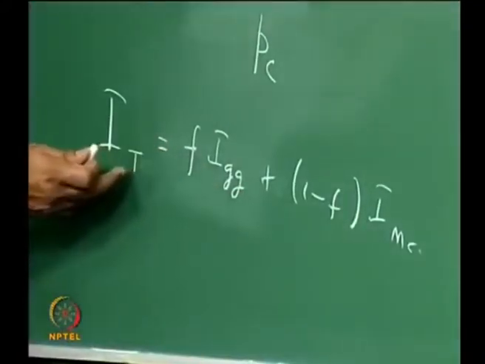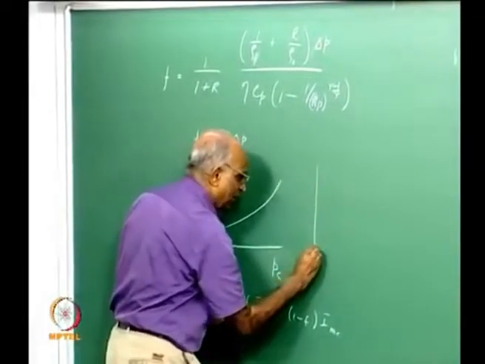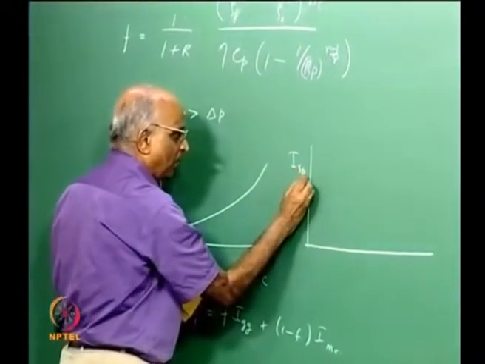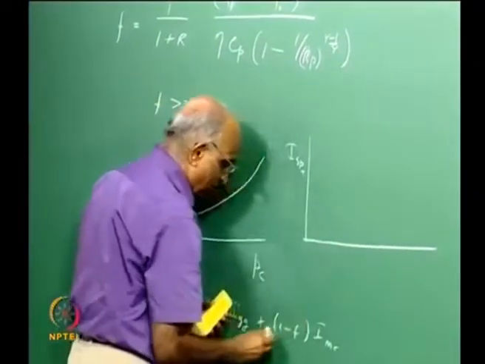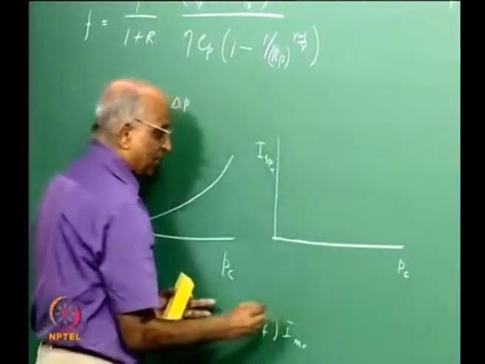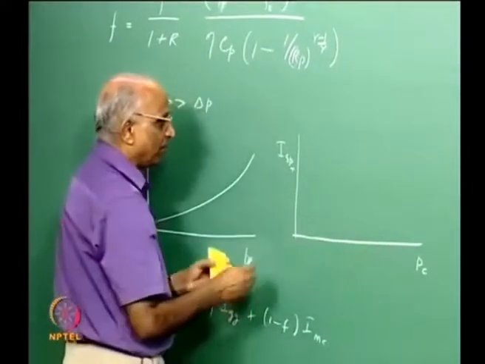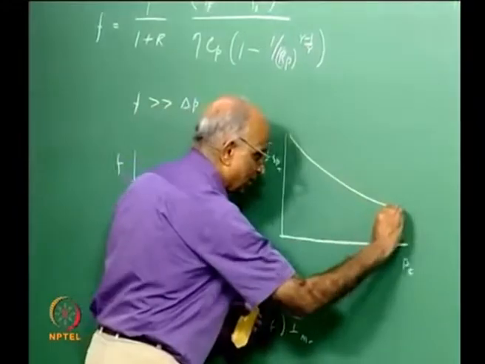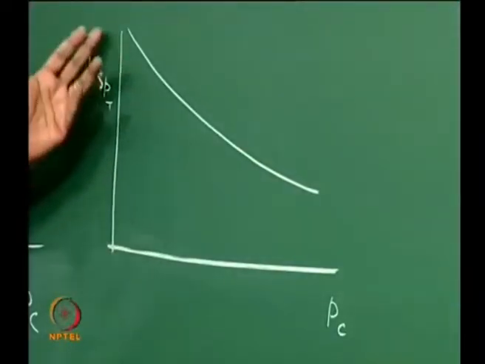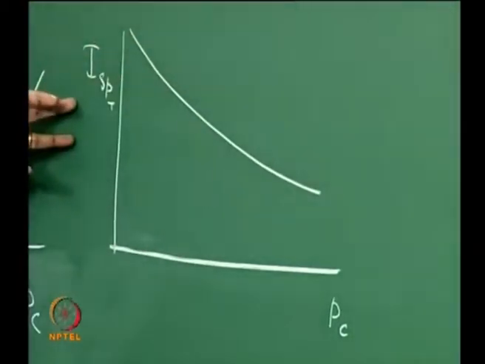If I increase this F, the I_T will decrease. In the gas generator cycle, if I were to plot the total specific impulse of your system as a function of, let us say, the value of Pc, even though the specific impulse will increase with chamber pressure, the net effect of the flow is such that the specific impulse decreases. It may not be so drastic, it may be constant or something like that, but the effect will be to decrease it.